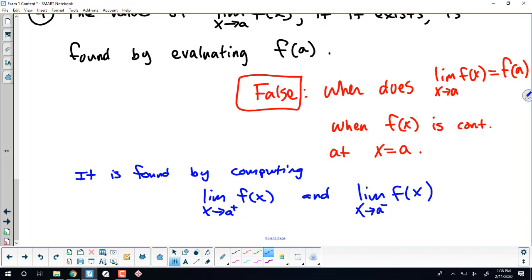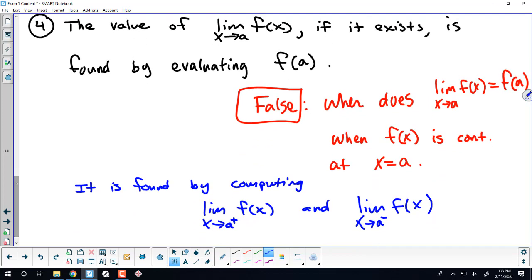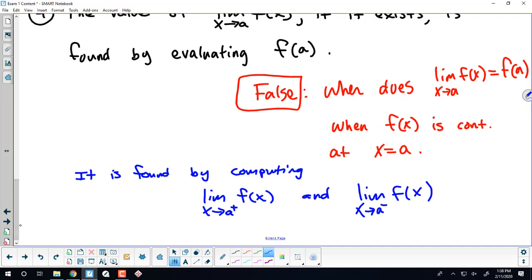So really the whole thing hinges on if we're going to compute the limit as x approaches a, if it exists, and we're going to say that it's equal to f of a, really that whole thing is based upon the continuity at a, right? So if this function is continuous at a, there's really two things we need to address. If the function's continuous at a, do we need the limit from the left and from the right?